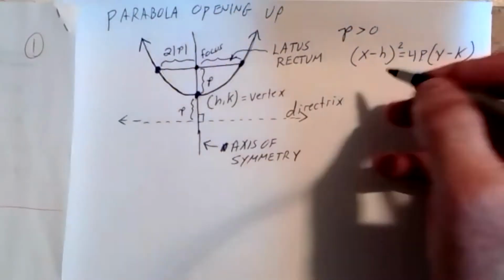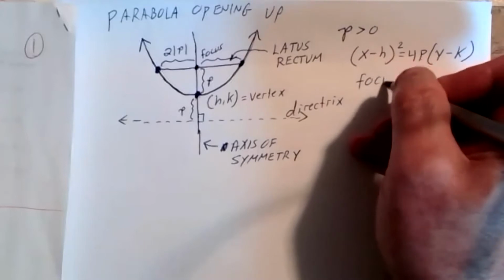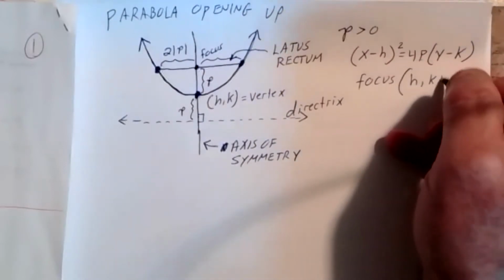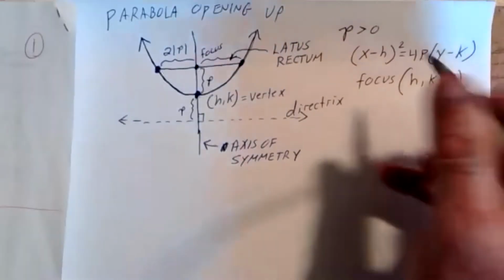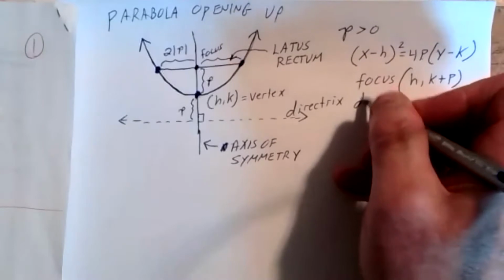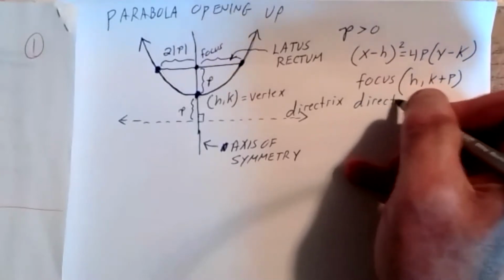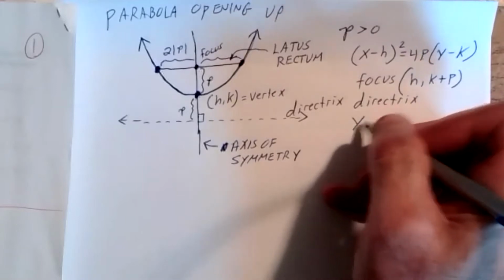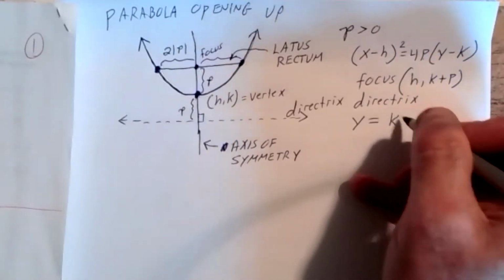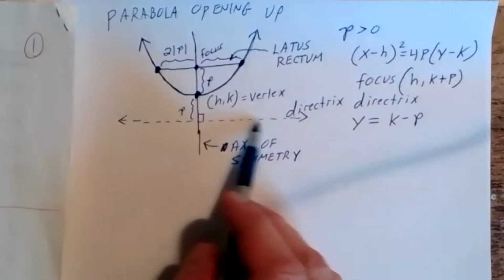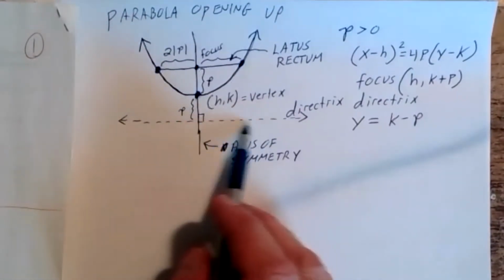The focus point would be the ordered pair (h, k plus p). That's your focus point up here. Your directrix is a horizontal line, and the equation of the directrix would be y equals k minus p. That's the equation of this horizontal line called the directrix.